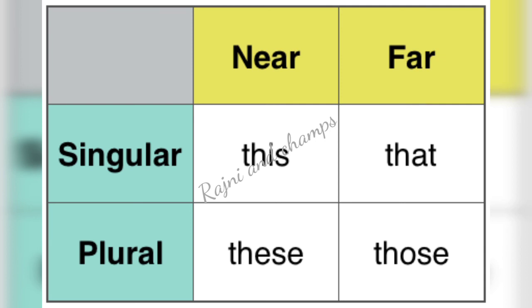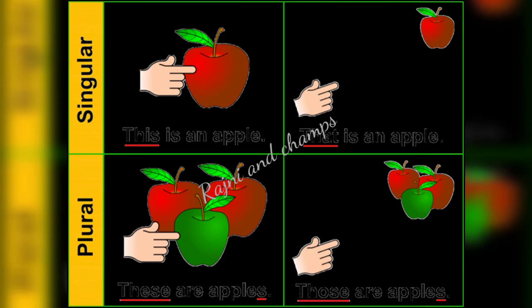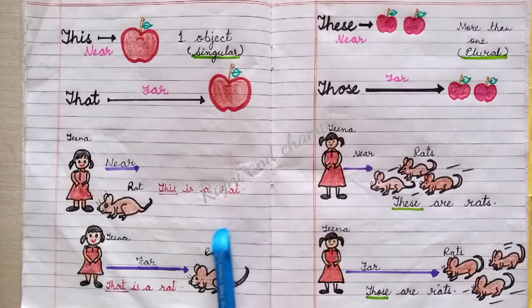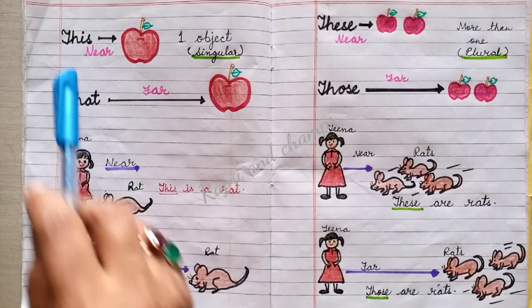Children, we use this when that one object is near to us, and we use these when the objects are more than one. Whereas we use that when that one object is far away from us, and when they are more than one, we use those. Okay children? So I hope children you can relate.